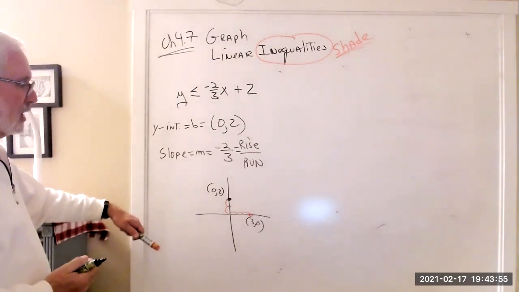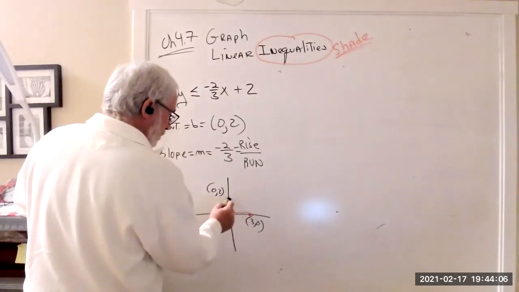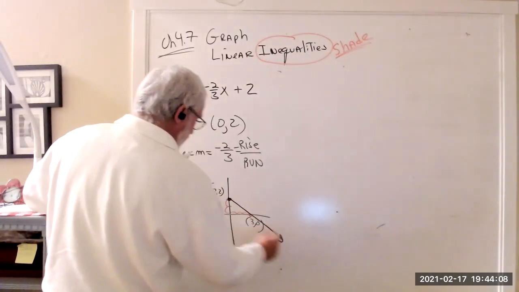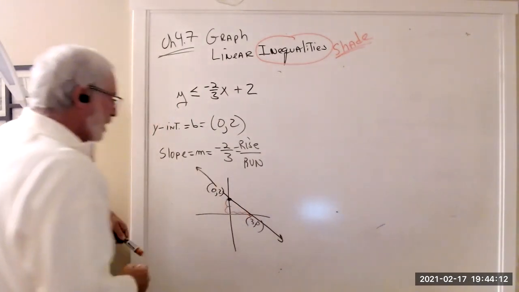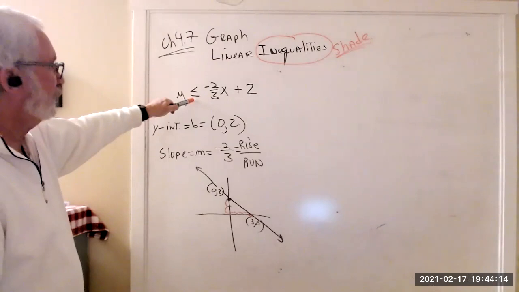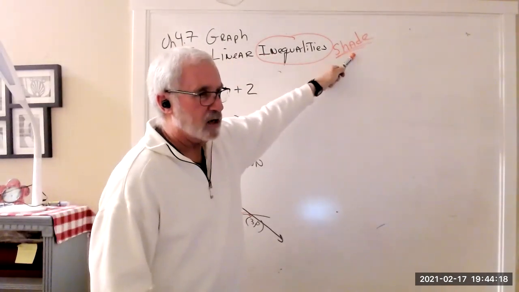All right, question. Do I connect the dots with a solid line or a dotted line? Solid, because it's equal to. You guys all agree? Yeah, I would agree that's correct. So the solid line goes something like that. Now, because it's an inequality, I have to shade.